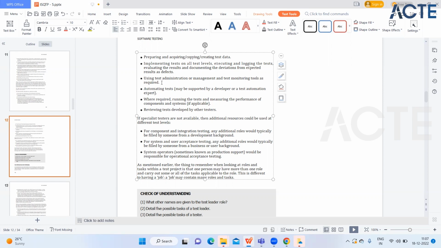Now, reviewing tests developed by the other tester. For example, 4 testers are working in a team, so it's not like they will check their own test cases. Actually, it's a kind of peer review.